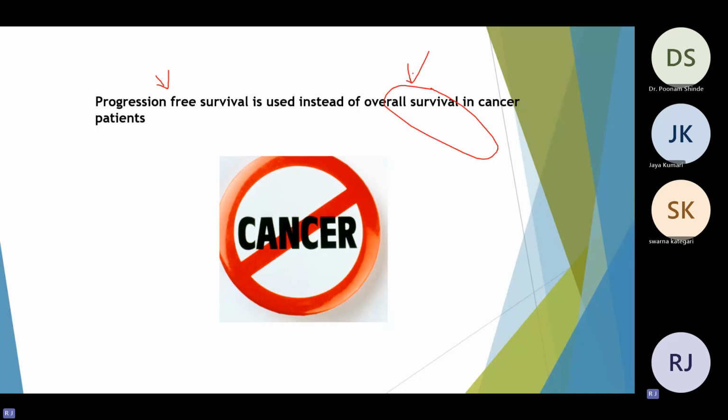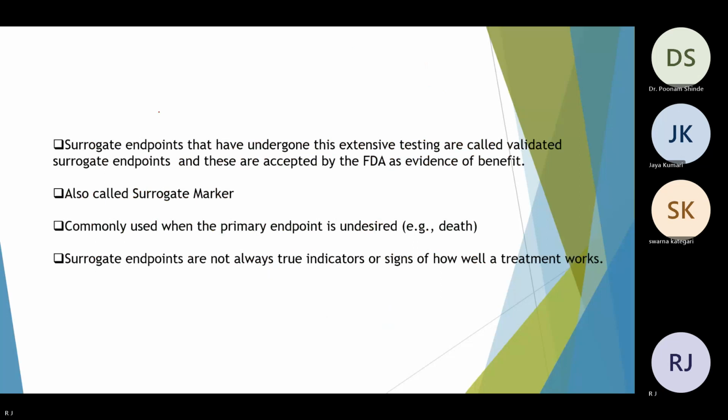But as it is unethical or not possible to check in the trial, we check the progression-free survival for, say, 6 months or 8 months. For the 8th month, the subject does not have any cancer cell in the body, then this kind of endpoint we can use in our clinical trial, and those kinds of endpoints would be called surrogate endpoints. Everybody is clear so far, right?